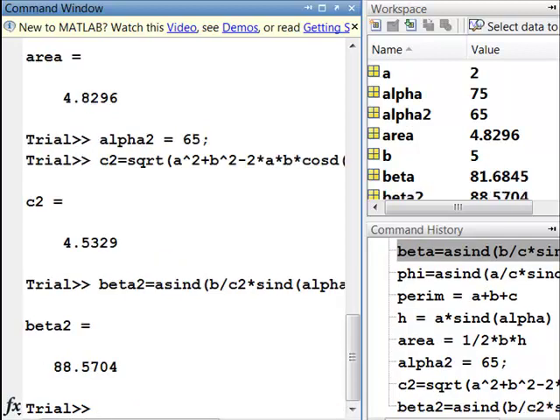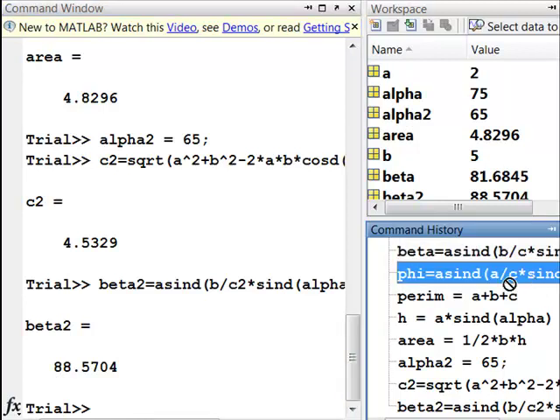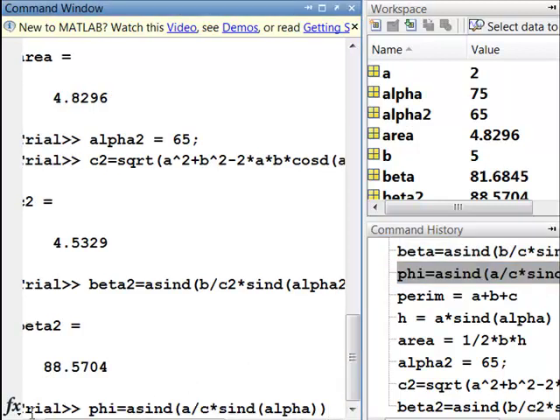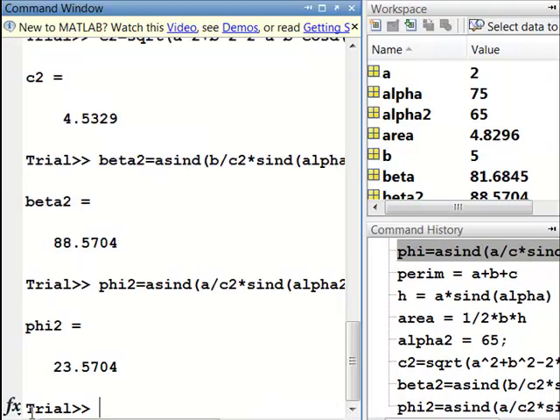And so now it's 88.6. We're almost at a right triangle now. And then next was to calculate phi, so I will click and drag that over from the command window. Again, just changing this to alpha 2, changing this to C2, changing this to phi 2, and we'll hit enter. Now we have our angles and side lengths.